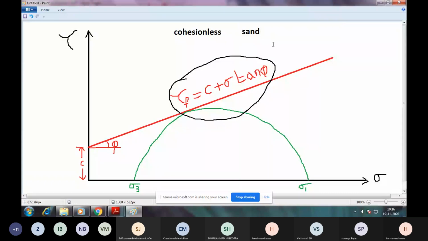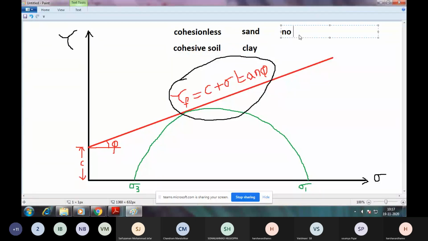An example of cohesive soil is, we can say, clay. Here there is no, in rough terms, no stickiness. Here there is stickiness.